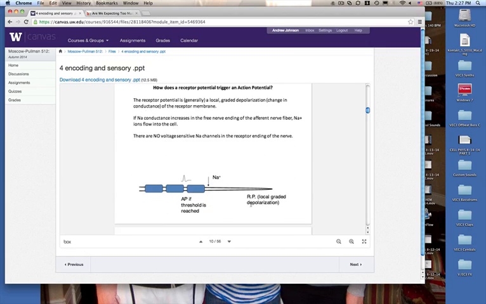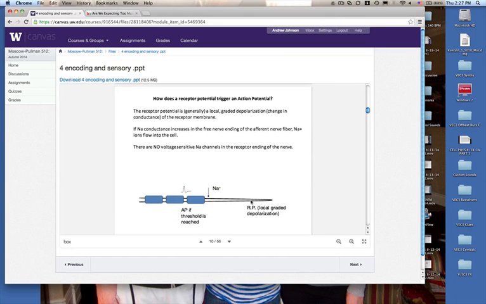And this just goes back to our friend, the movement of current. So remember, anytime you have a change in current, it's a closed system, so you're going to draw off charge from adjacent regions. So if you have a receptor potential, say at the end of this sensory structure, it's going to be local and graded. You'll get some depolarization. You'll pull charge off this adjacent region, and then that can trigger your voltage-gated channel.